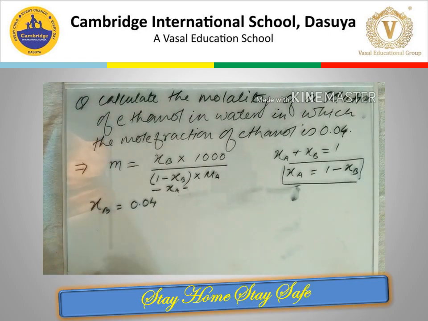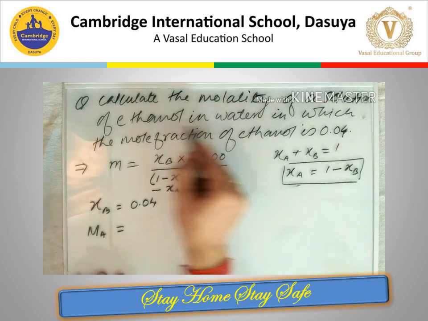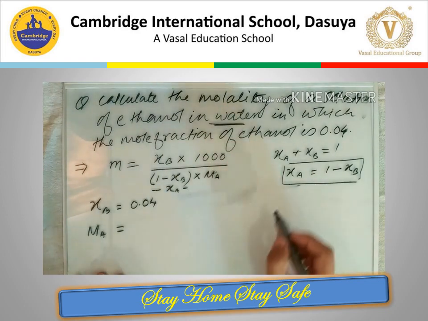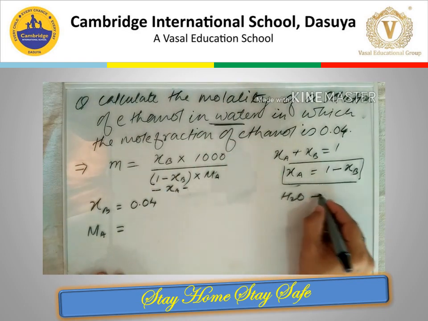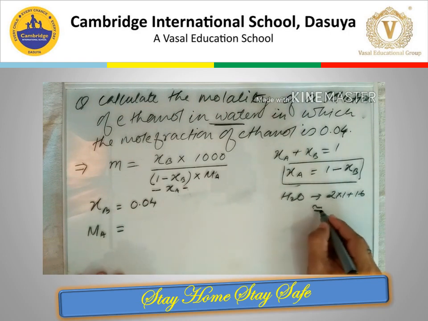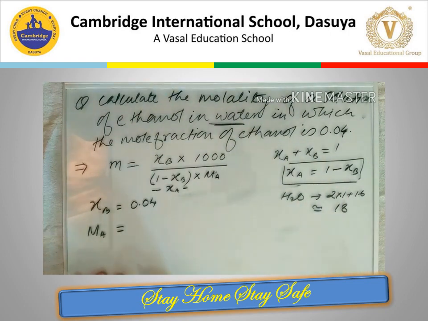Ma is the molar mass of the solvent, and in this case the solvent is water. So molar mass of water is H2O, 2 into 1 plus 16 equals 18. So molar mass of water is 18. We will use this here.